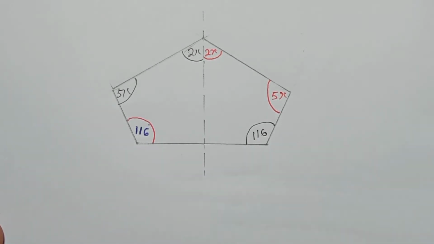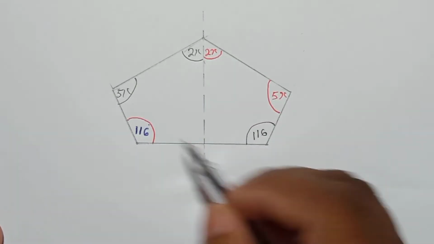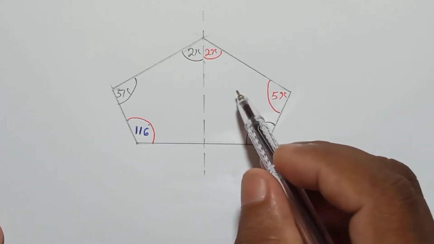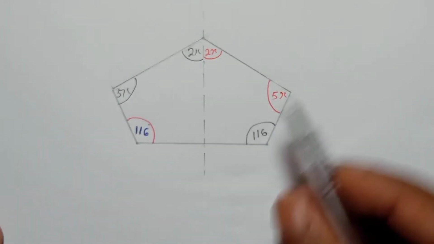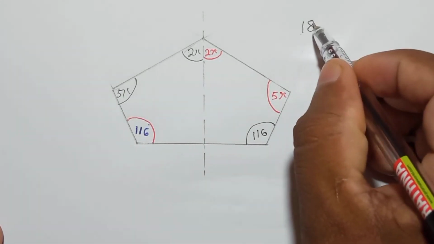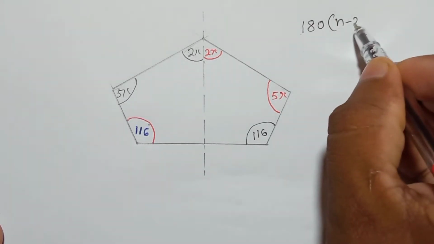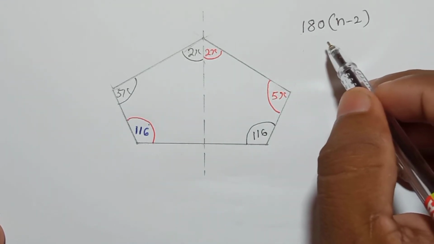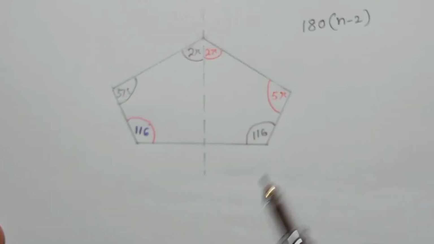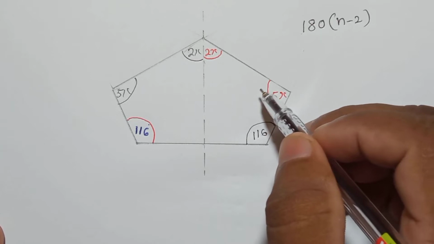That's the idea, right? Now another thing you also need to know: when you have a pentagon, I mean five sides, pentagon, hexagon, like that, you need to know how to find the total of the interior angles. We learn a formula for that, like this: 180 times (n minus 2). Using this expression we can find the total of the interior angles for any polygon, right?